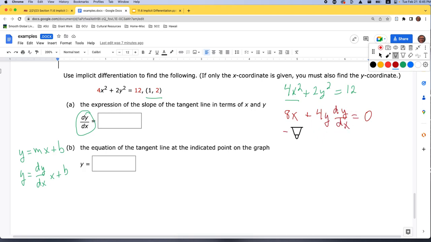Good. We've got to get dy dx by itself, so let's get the stuff that doesn't have dy dx to the other side. So we get 4y dy dx equals negative 8x. And then what do we do? Divide by 4y.